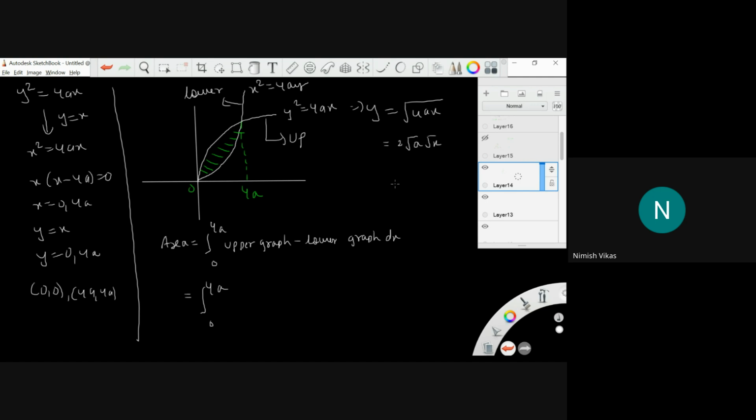This is your upper graph. So this is 2 root a root x minus the lower graph, y is equal to x square upon 4a, so x square upon 4a dx. When you integrate, you will get the result. It's like 16a square upon 3. Correct me if I'm wrong. Something like that. You will get the result.